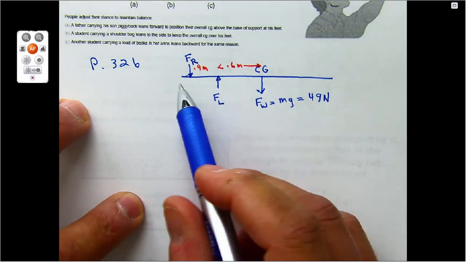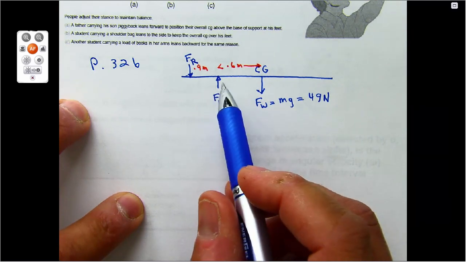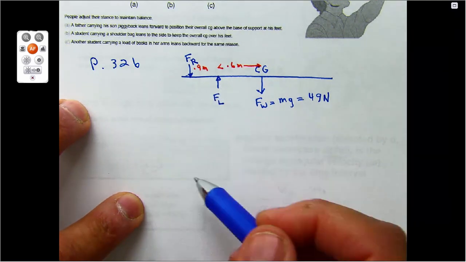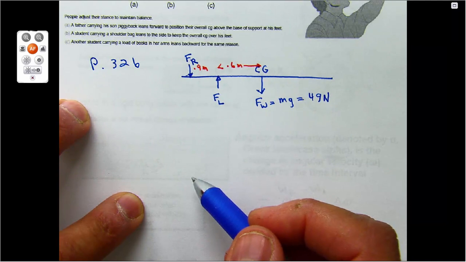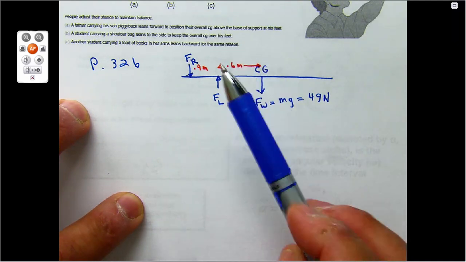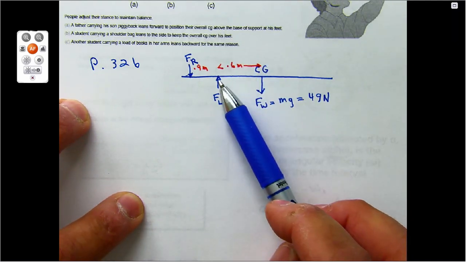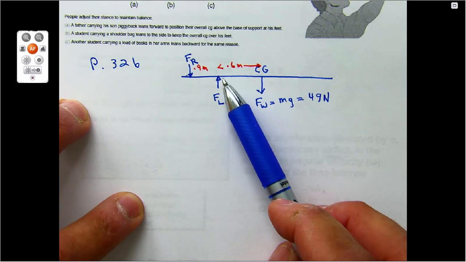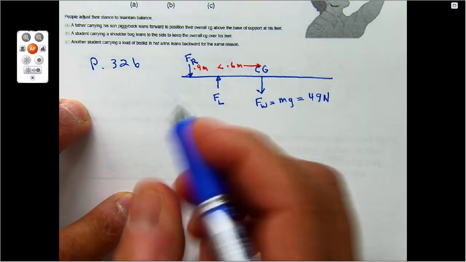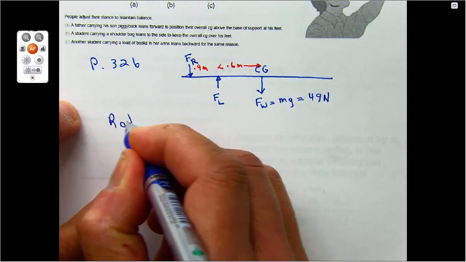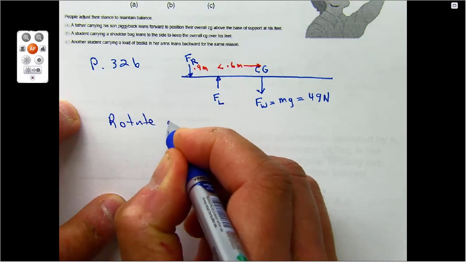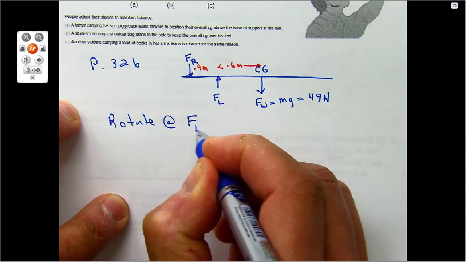Now, you can pick a point of rotation, because if you pick a point of rotation that is where a force is, then the distance is 0. So we're going to rotate at the left hand.